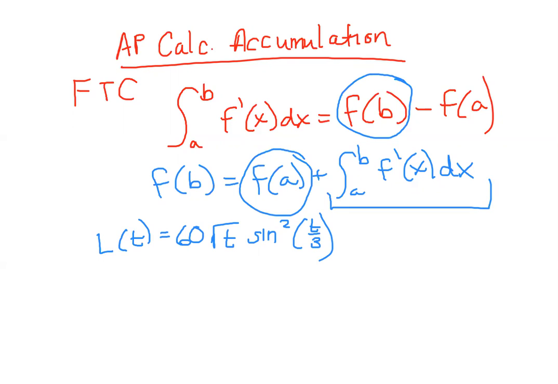It says, here's the rate that the cars turn left per hour over the time interval from 0 to 18. To the nearest whole number, find the number of cars turning left at the intersection from 0 to 18. So to do that, we're just going to take this integral, and you're going to do that on your calculator. Make sure you know how to do that on your calculator, and you would get something like this.